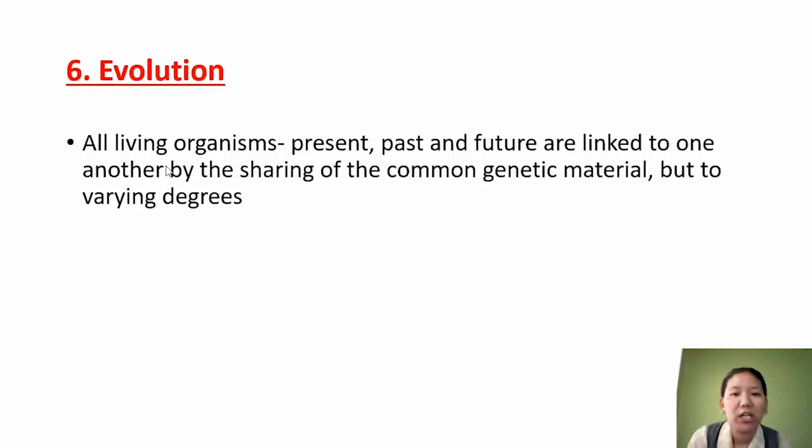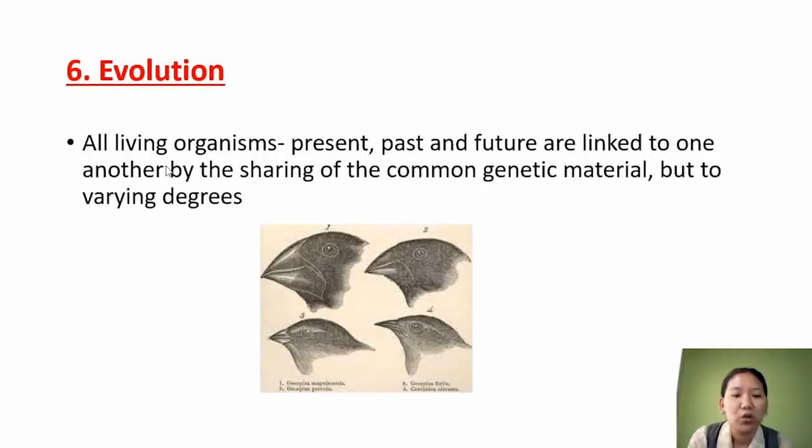Here, let us look at a species of bird, Darwin's finches. These are all birds, and they share a common genetic material. But if you observe carefully, you find a variation. The distinct variation you can find is the structure of the beak, and of course the body size.